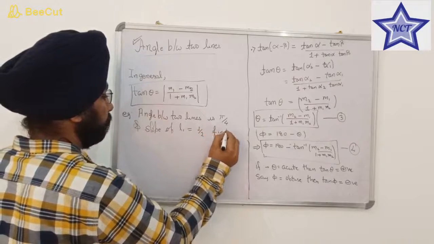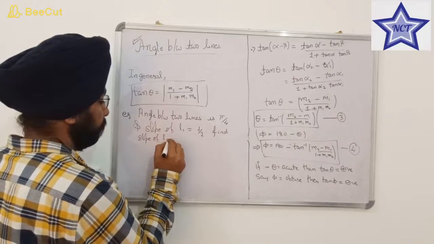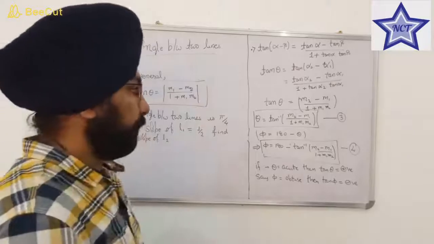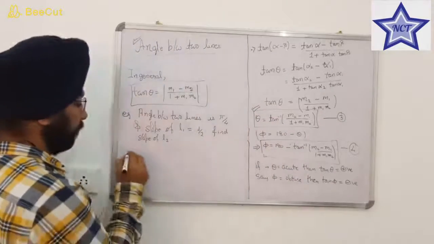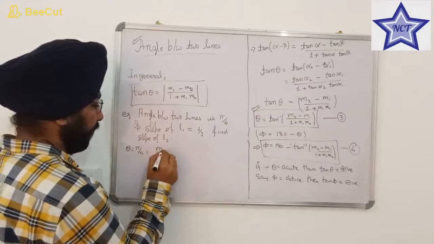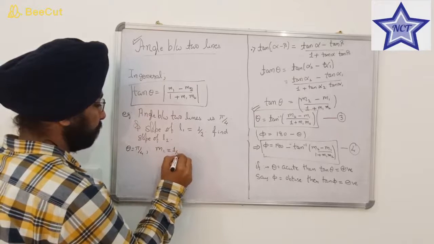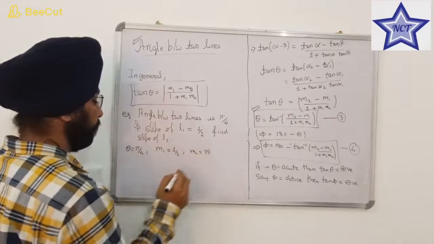Find slope of line 2. From the given formula, I can write angle theta equals pi by 4, slope of line 1 m1 equals 1 by 2, and slope of line 2 m2 I have to calculate.